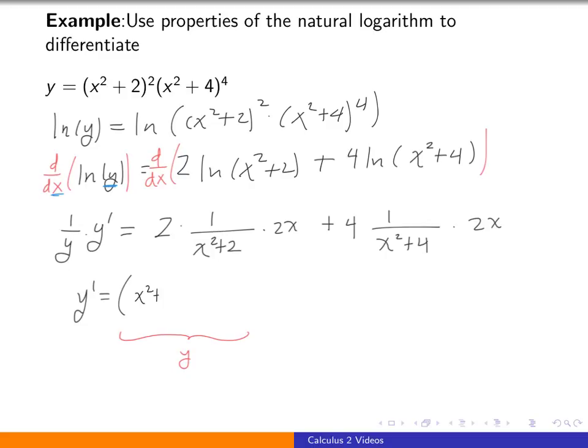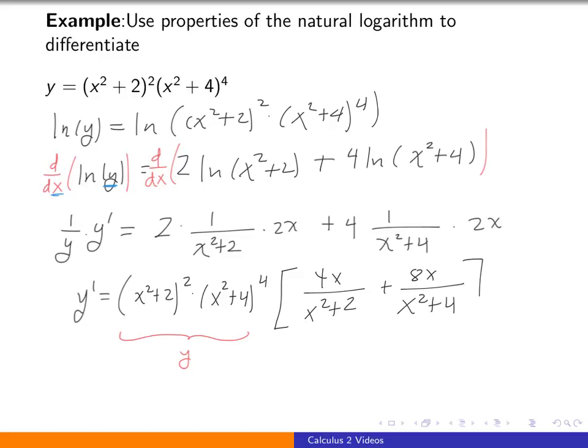So that would be x squared plus 2 squared times x squared plus 4 to the fourth. So y, and then I'm going to go ahead and multiply it by everything that we already had on the right. So that would be 4x over x squared plus 2 plus 8x over x squared plus 4.